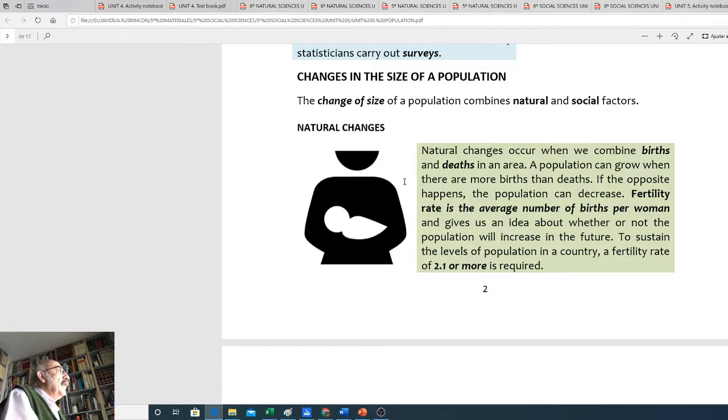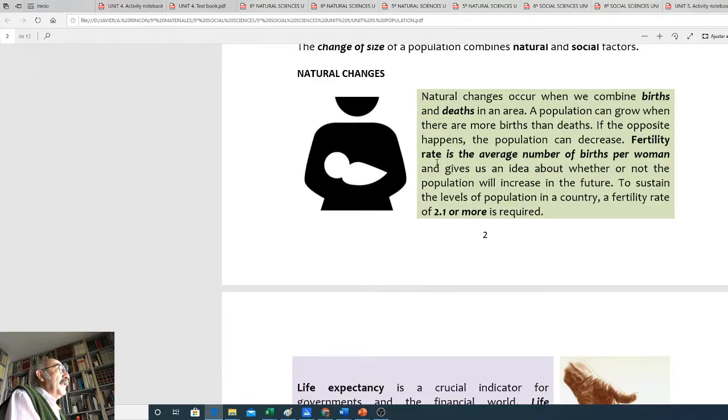Good. So natural change occurs when we combine births and deaths in an area. A population can grow when there are more births than deaths. If the opposite happens, the population can decrease. And another interesting thing is what we call fertility rate. The fertility rate is the average number of births per woman.